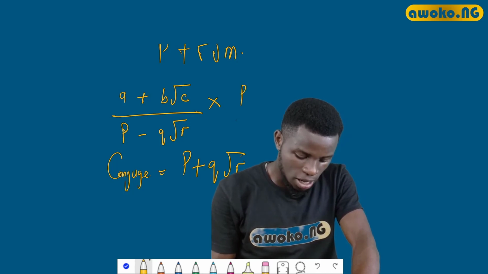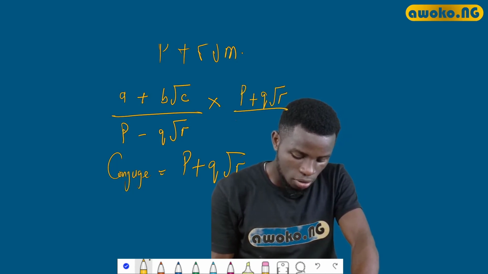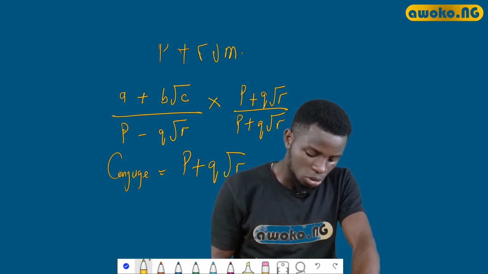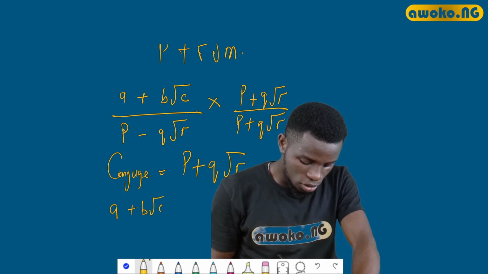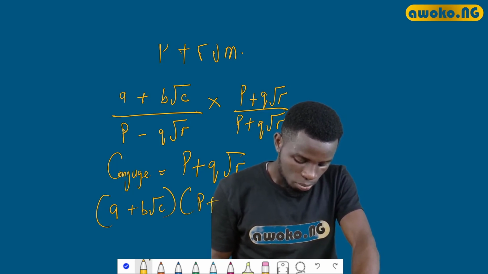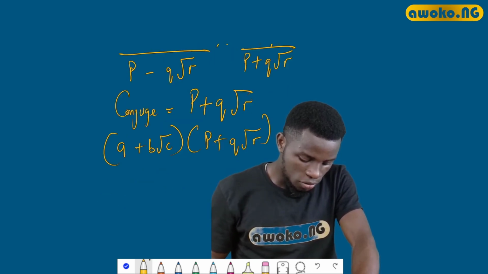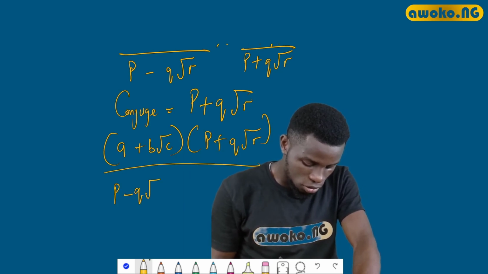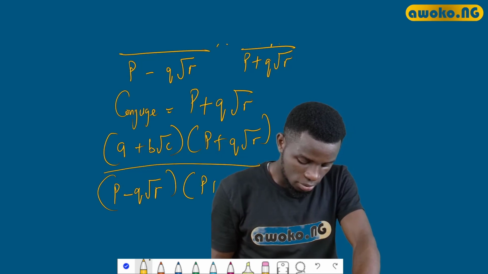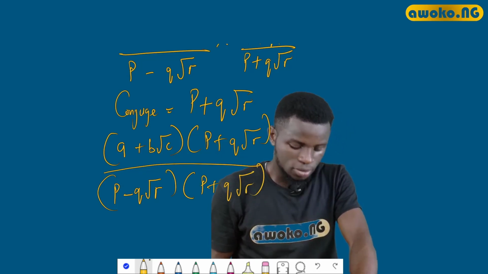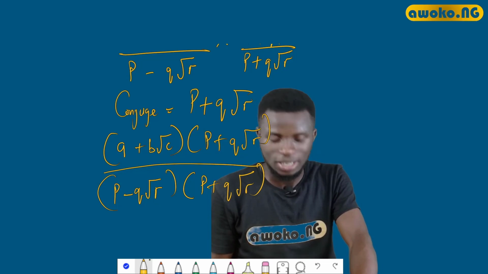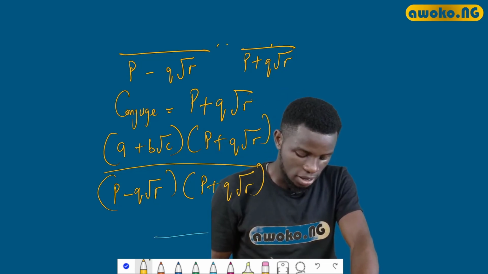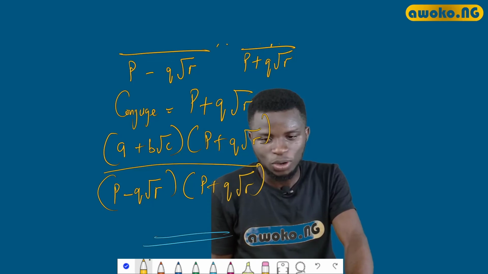I'll multiply by P plus Q root R all over P plus Q root R. Multiplying this, we have A plus B root C times P plus Q root R, all over P minus Q root R times P plus Q root R. Then you solve normally and get your final answer. Okay? I'm sure you understand now.